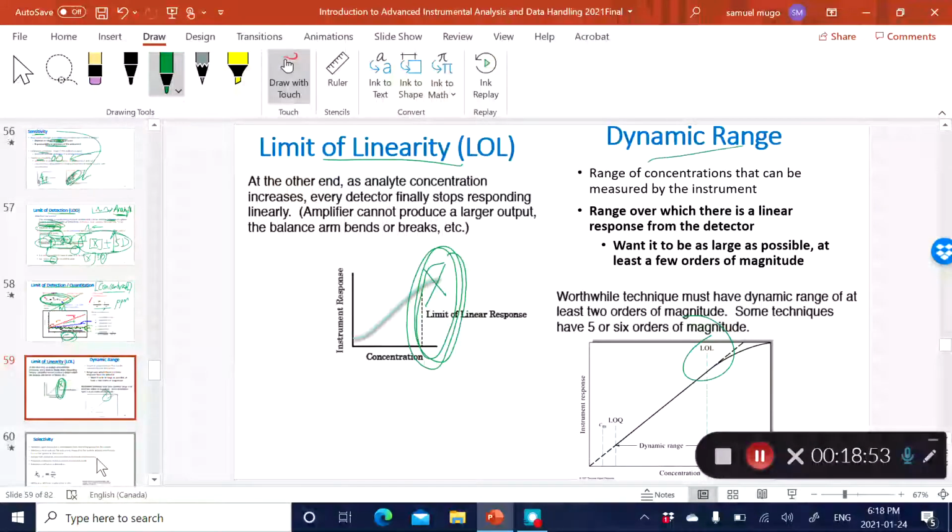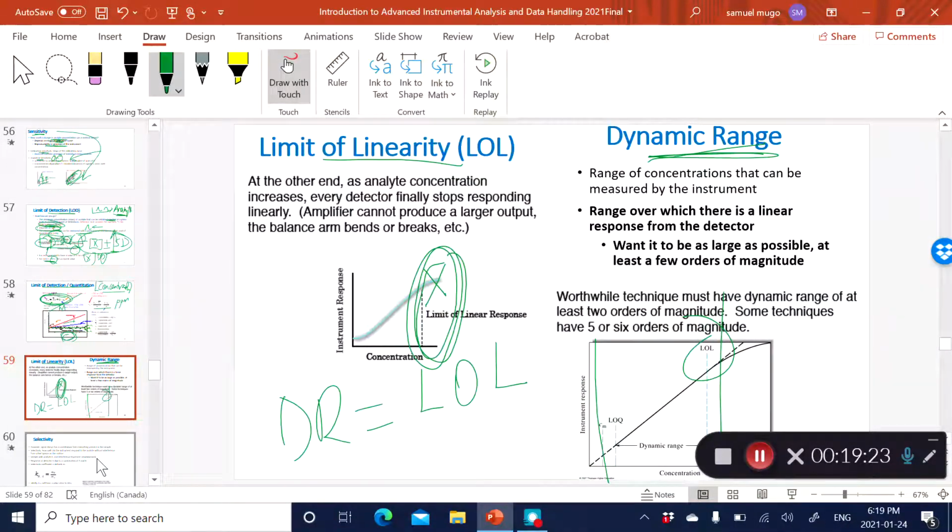Now, dynamic range, a very important figure of merit, refers to the range of concentration over which the instrument responds linearly. The region of the calibration where the instrument response is linear is what you refer to as the dynamic range. Dynamic range is often calculated as limit of linearity divided by limit of quantification.